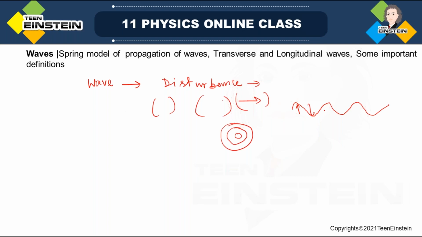Okay, so we have seen that the medium through which the disturbance propagates, that medium as a whole does not flow, does not propagate. The particles of the medium just oscillate about their mean position.